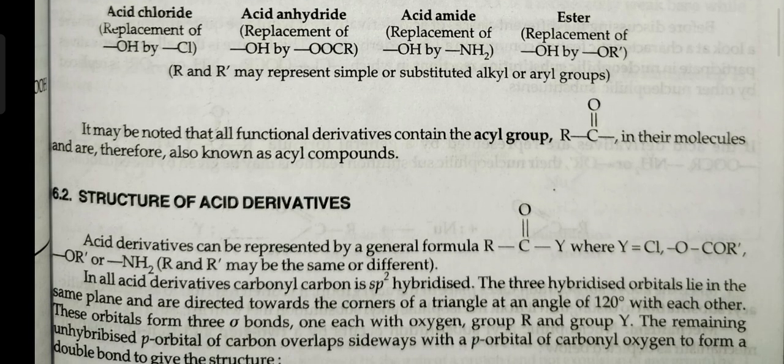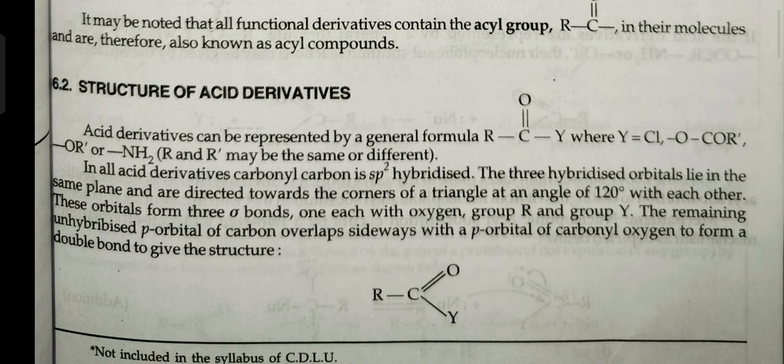Structure of acid derivative. Acid derivatives can be represented by the general formula RC=O Y, where Y is equal to Cl, OCOR, OR' or NH2. R and R' may be the same or different. In all acid derivatives, the carbonyl carbon is sp2 hybridized.